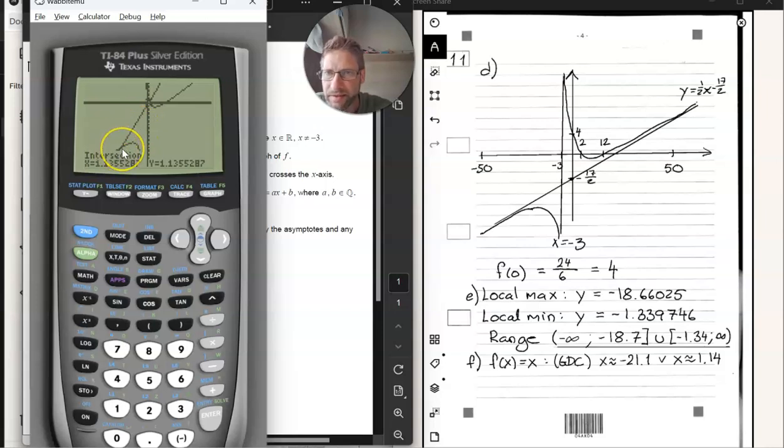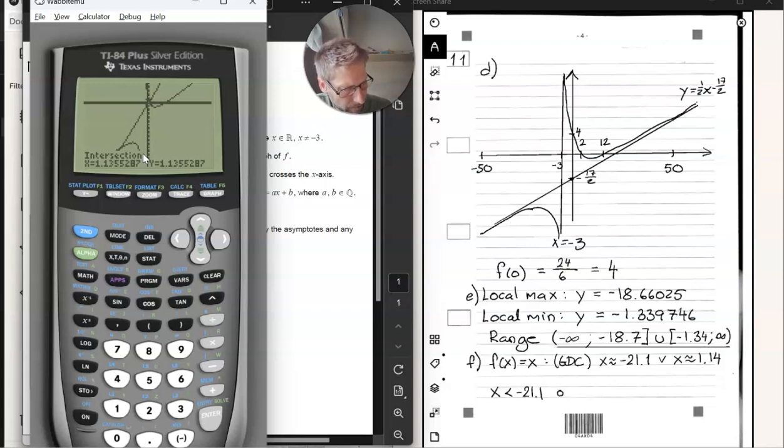So the values of x, where f of x is the larger one, is x being smaller than minus 21.1. That's out here to the left. And then it becomes smaller for a while until we reach the vertical asymptote.